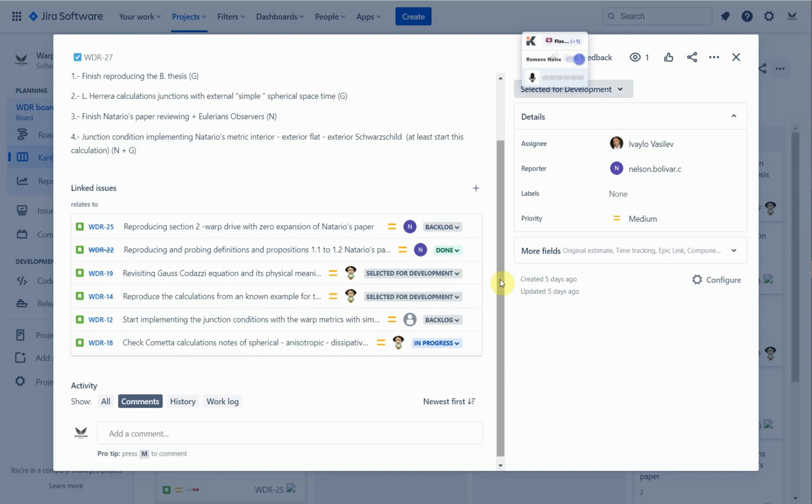So the first step is to finish reproducing a thesis. We found an interesting thesis, quite large, which we are using as a base.